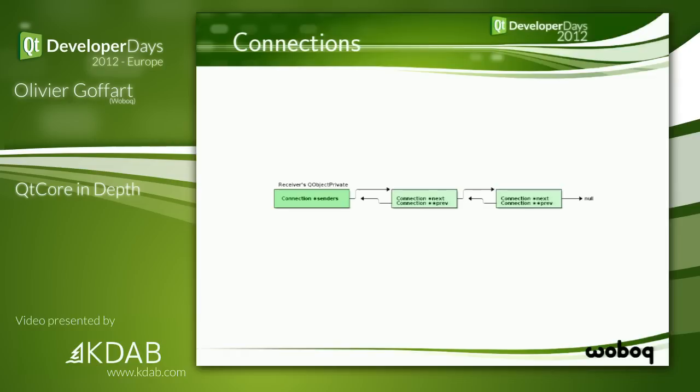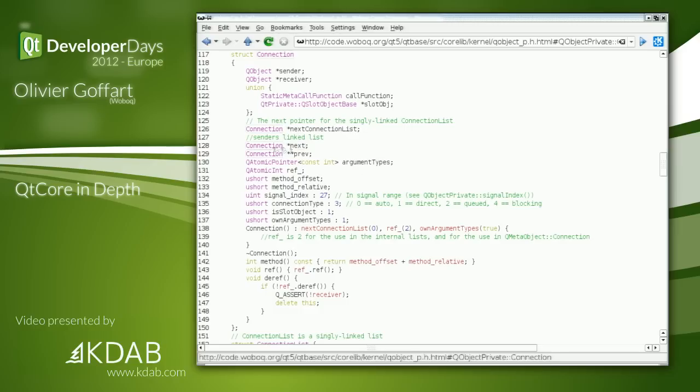And it's a bit different from the linked list we see at school, where you have a pointer to the previous and a pointer to the next. Here, the previous is not a single pointer, it's a pointer to a pointer. What this previous actually is, is a pointer to the next pointer in the previous connection.